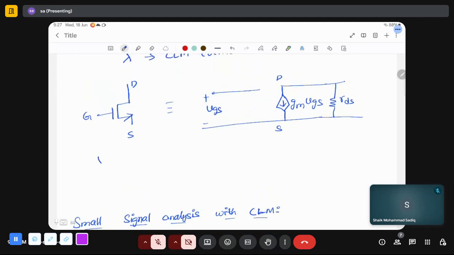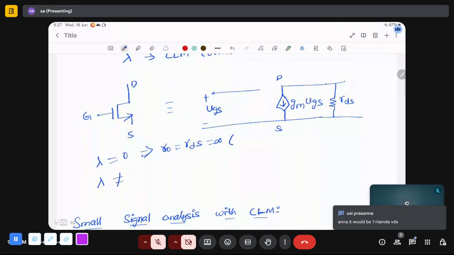When they say that lambda is 0, it implies that r naught or RDS is infinity, so you need not consider RDS in your calculations.